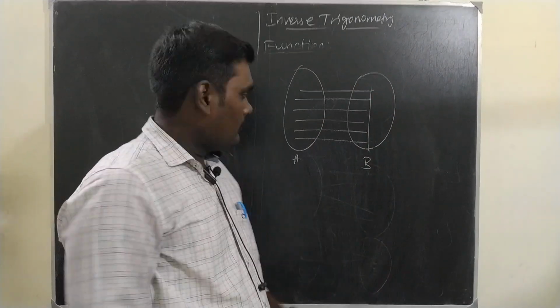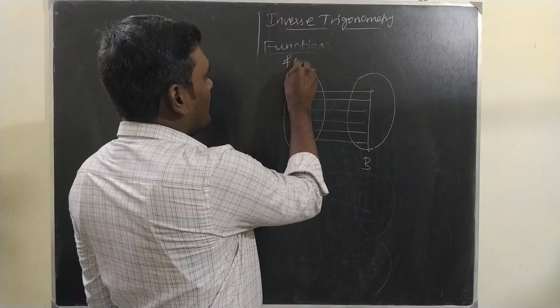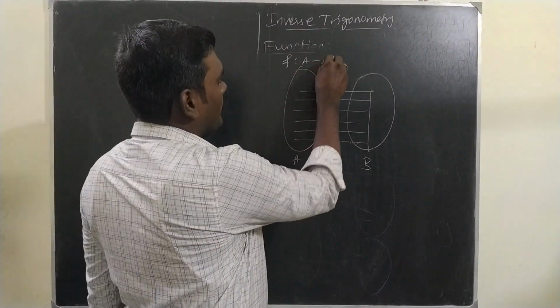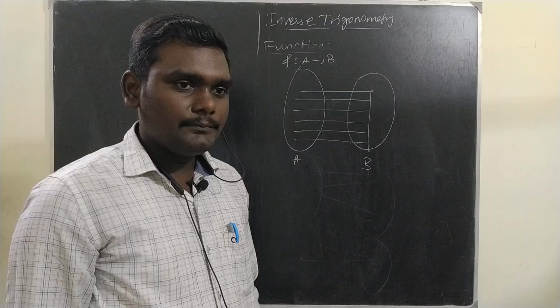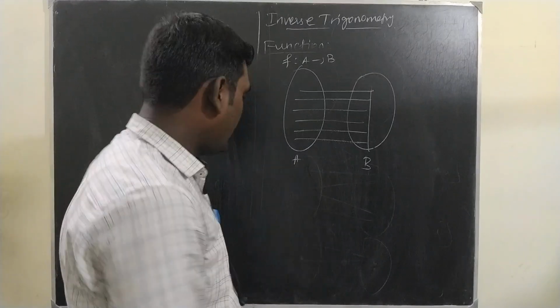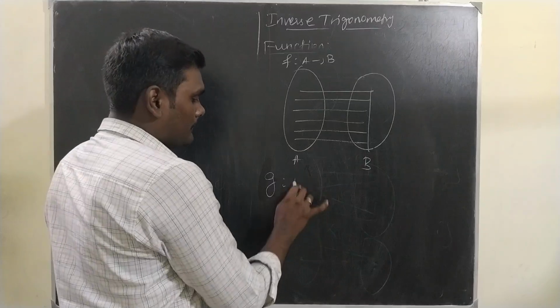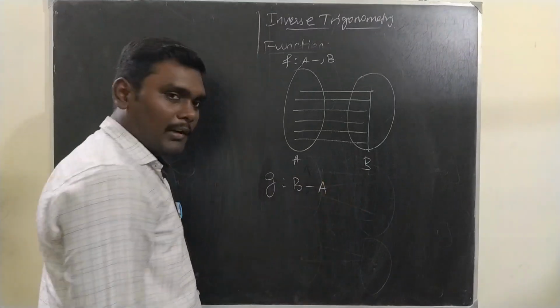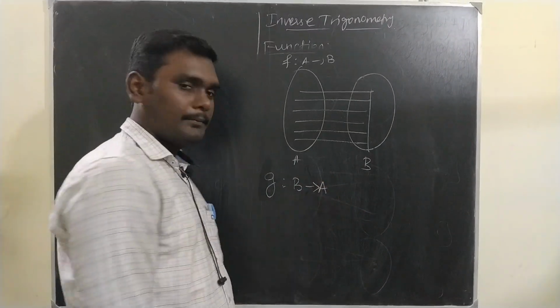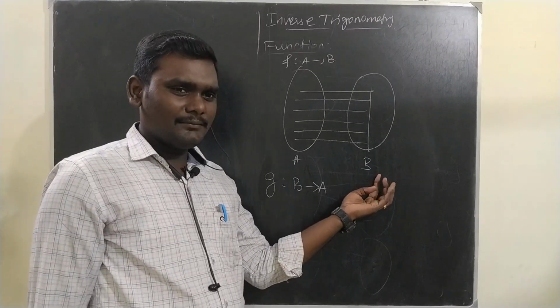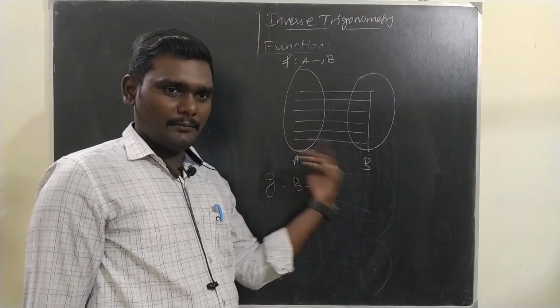Now the definition of this function is f defined from A to B. And if we define some other function from B to A, is it possible to define a function from B to A? That is also again a set. From here to there we can define.